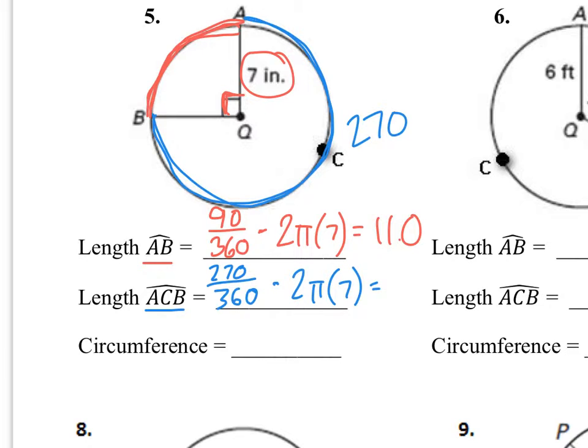And that equals 32.99. And then finally, just for our total circumference, we do the 2 pi times our radius. In this case it is 7, and that gives us 43.98.